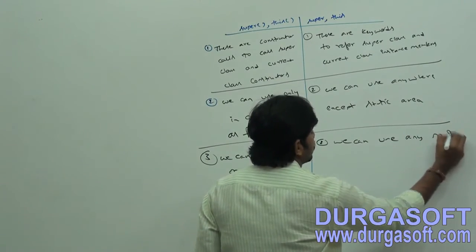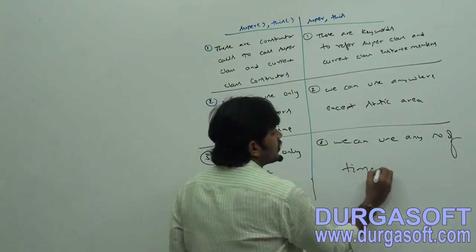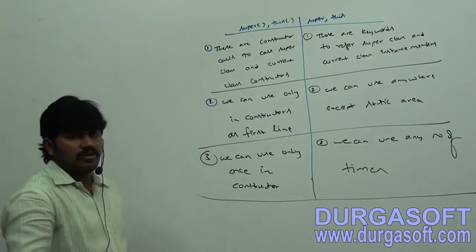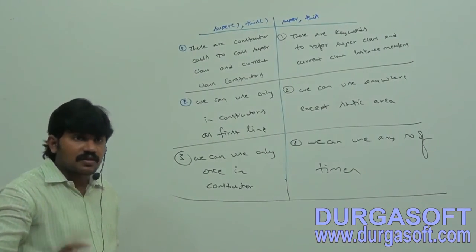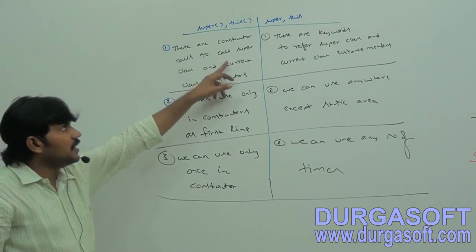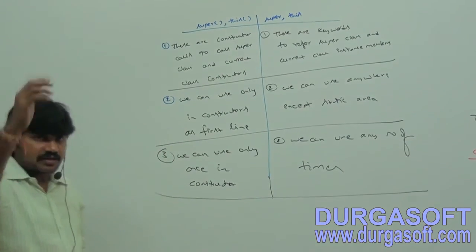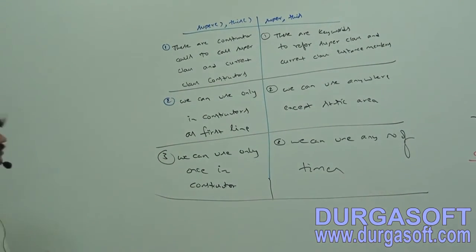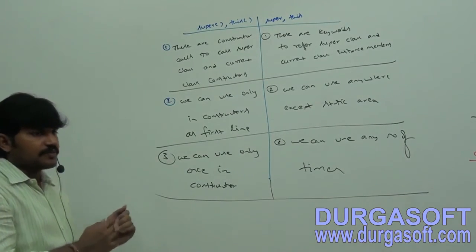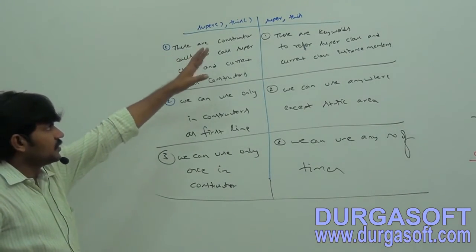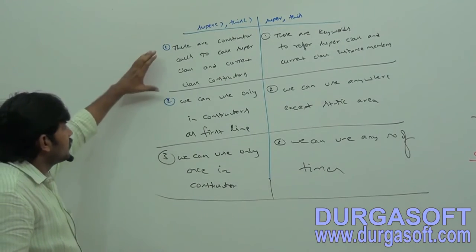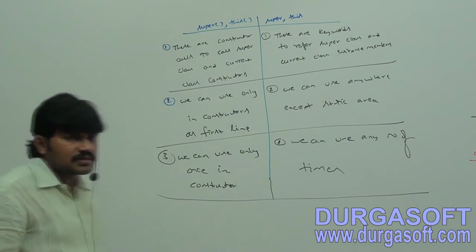Any number of times, for example this.name, this.rollNumber, this.age inside a constructor. Sometimes there may be a chance to be asked in an interview: what is the difference between super and this? You should have clarity.